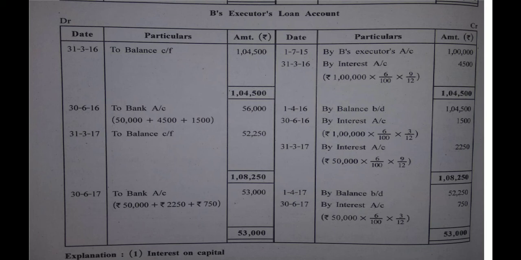If you will calculate, the total of credit side is higher, which is 53,000.